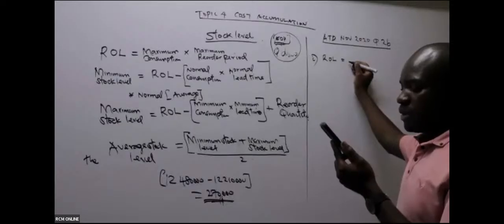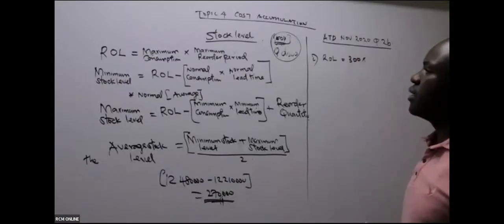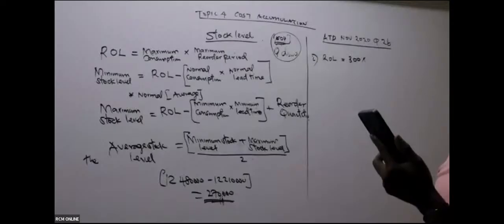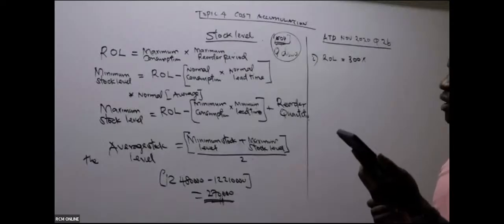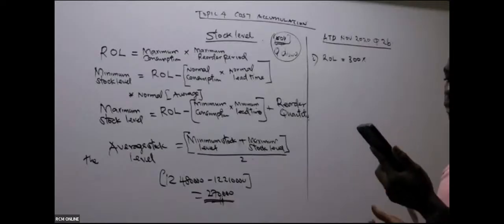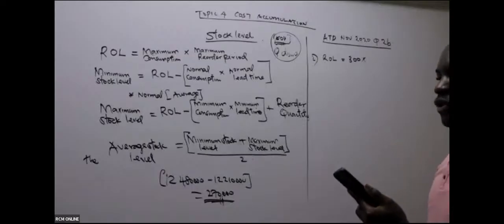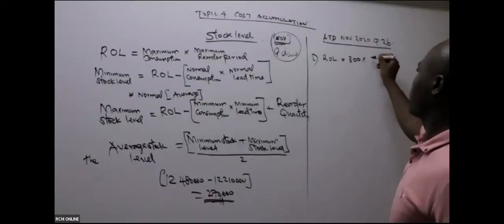So do we have that maximum usage? 300, right? 300 multiplied by maximum reorder period. If you don't have the word reorder period, then look for the lead time, maximum lead time. So you're given minimum lead time, maximum lead time. So maximum is 6 months, right?